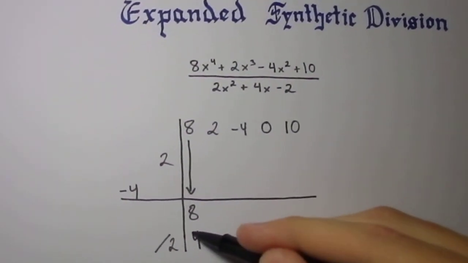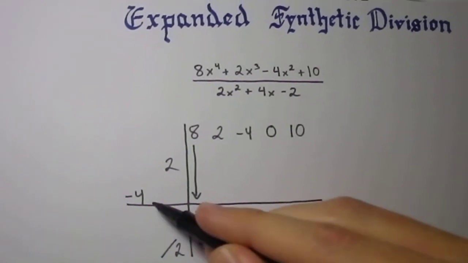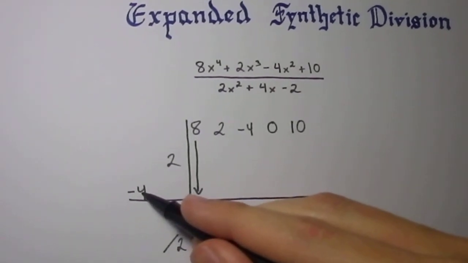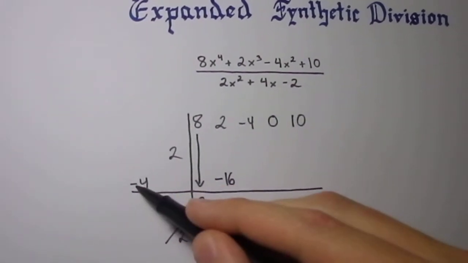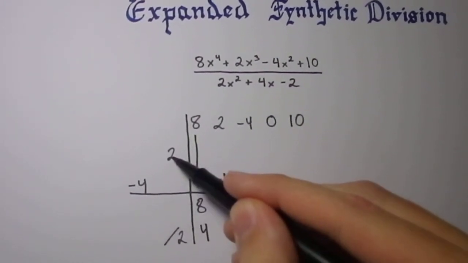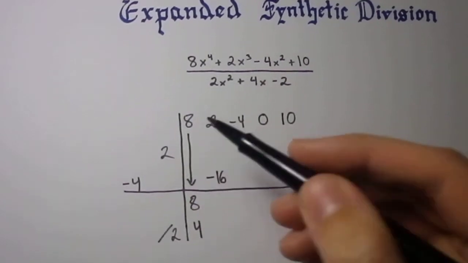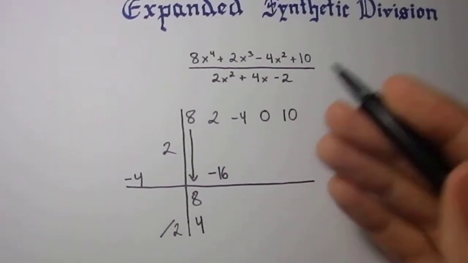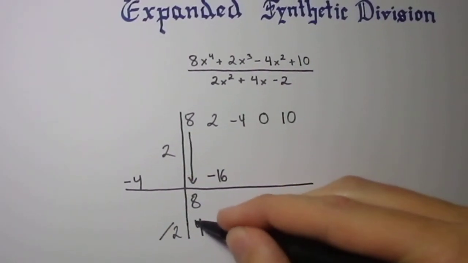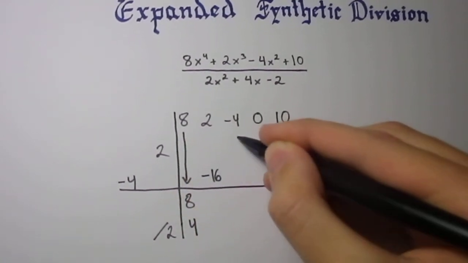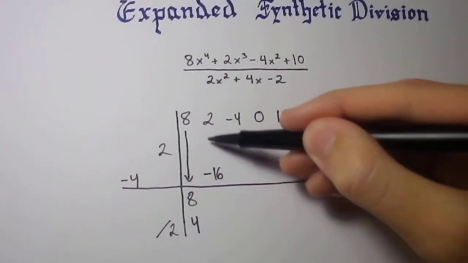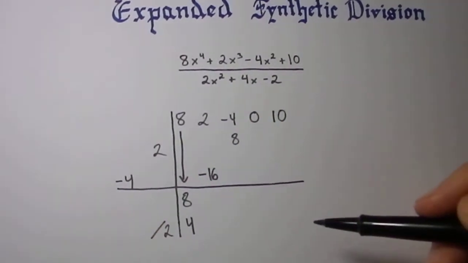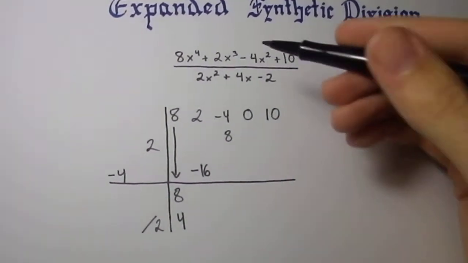Now you're going to take the 4 and multiply it by this negative 4 here, which will give you negative 16. And I like writing it in a diagonal like this because it will help remind you that when you take 4 and multiply it to 2, you're going to get 8 right here, and you put it in this column and not that column. So that's how I prefer it.